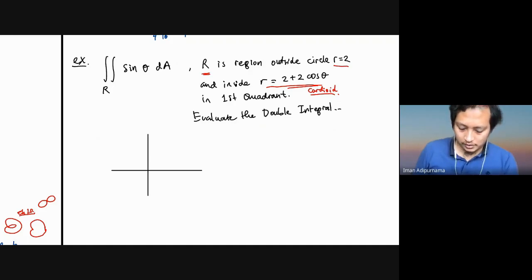Okay, let's say this is our polar from 0 to pi over 2.